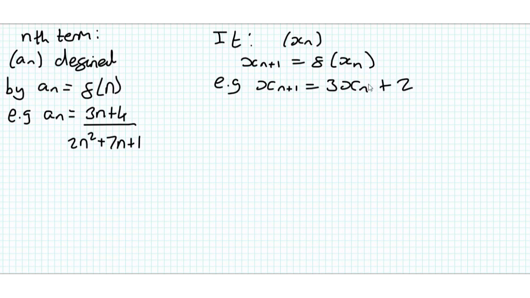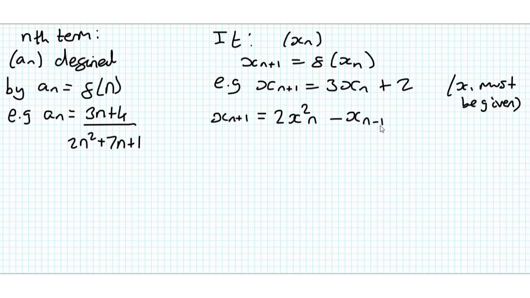So obviously for these sequences to work, you have to be given the initial terms, okay? And if we do another example, maybe x_(n+1) is equal to 2x_n squared minus x_n minus 1.